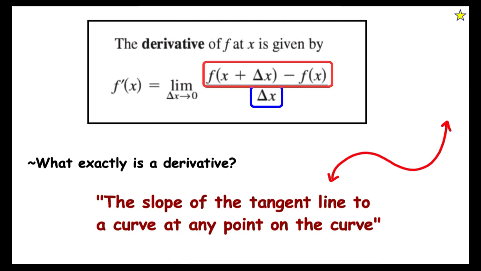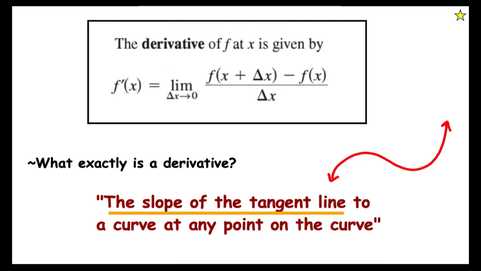That's like y2 minus y1 over x2 minus x1, which just turned out to be h or delta x because the x's canceled. And it's the limit as h approaches 0. They're doing exactly what I'm showing you on my picture, except the book didn't give you a picture. But this is what the derivative is. And the derivative is the slope of the tan line.